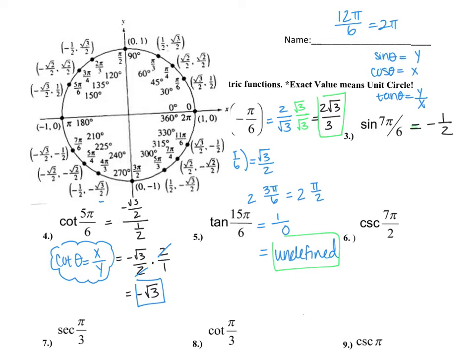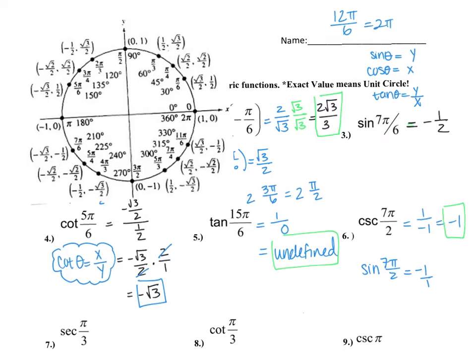So the sine of this angle is negative 1. I'm trying to find sine's value because cosecant is a reciprocal. If I take the reciprocal of this sine value, it would be 1 over negative 1, which is still negative 1. So my cosecant value there is negative 1.